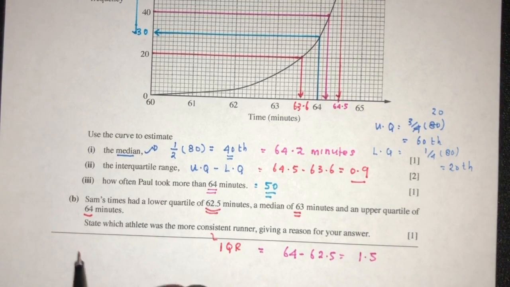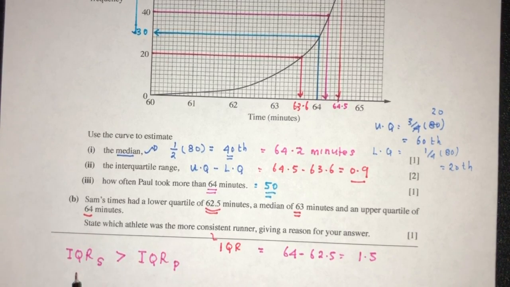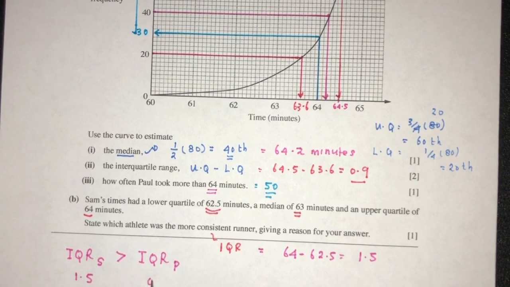As you can see, the interquartile range of Sam is more than the interquartile range of Paul, because it is 1.5, and here we have 0.9.